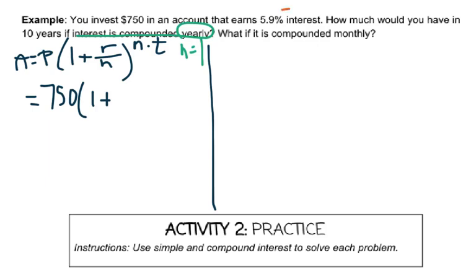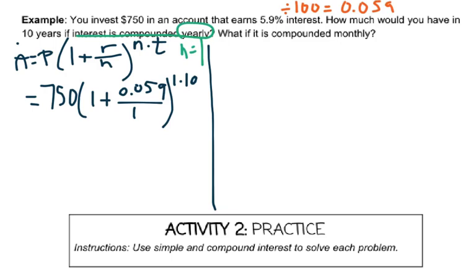So remember, if you're not sure what that is as a decimal, you can always divide by 100. And so then we get 0.059. So that goes in place of r. And then the new thing, n, is just 1 in this case. And so then it's 1 times our time, 10 years, so 1 times 10.